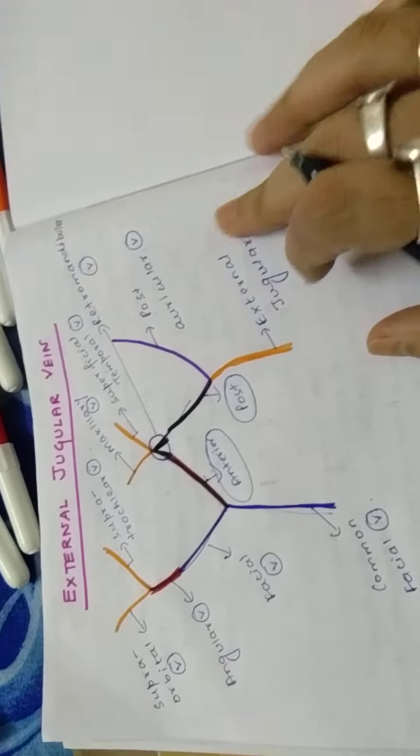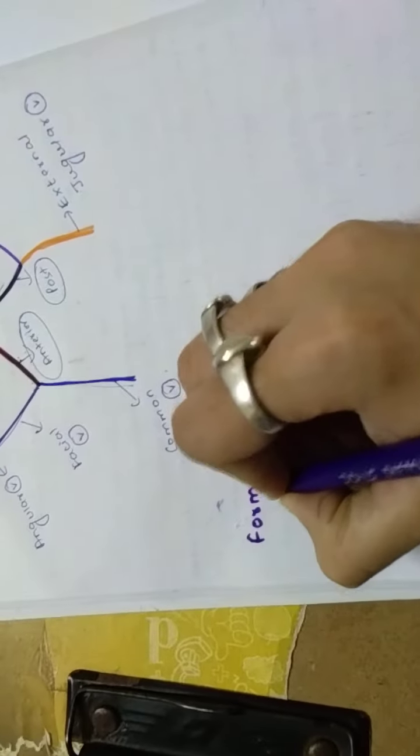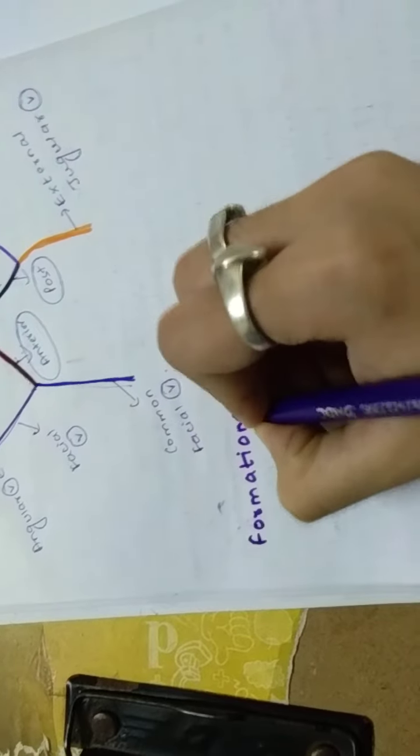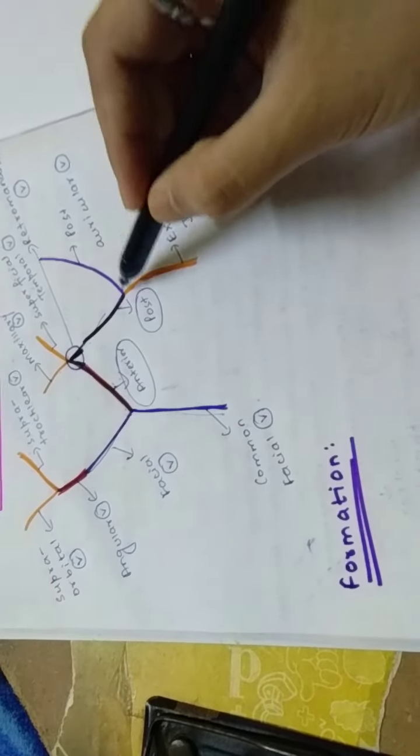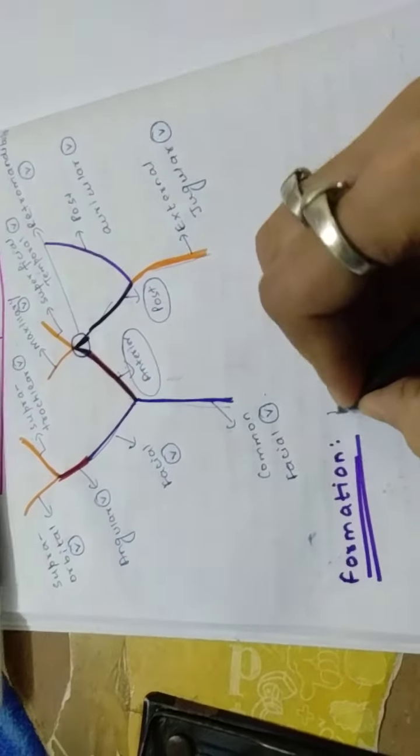So first we have to write what is the formation of the external jugular vein. So first we will write formation. What forms the external jugular vein? So we saw the posterior branch of the retromandibular and the posterior auricular both join to form the external jugular. So we will write that only.